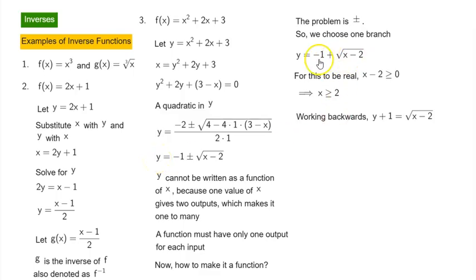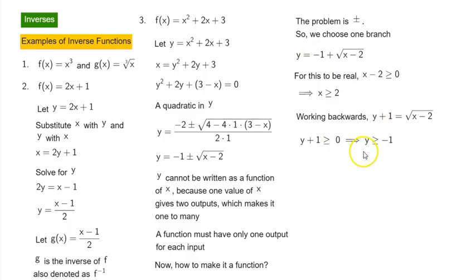Y plus 1 is equal to square root of x minus 2. Now, x is greater than or equal to 2. That means the square root is greater than or equal to 0. So y plus 1 is going to be greater than or equal to 0, which implies y is greater than or equal to minus 1.